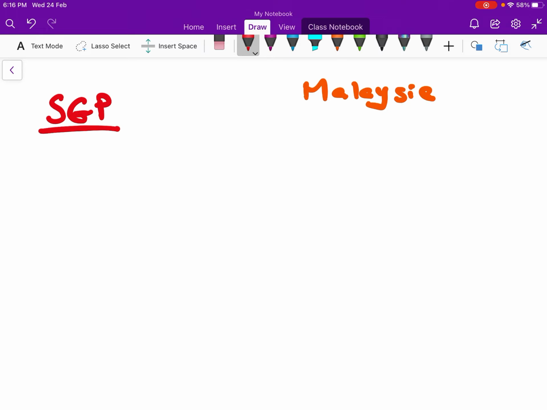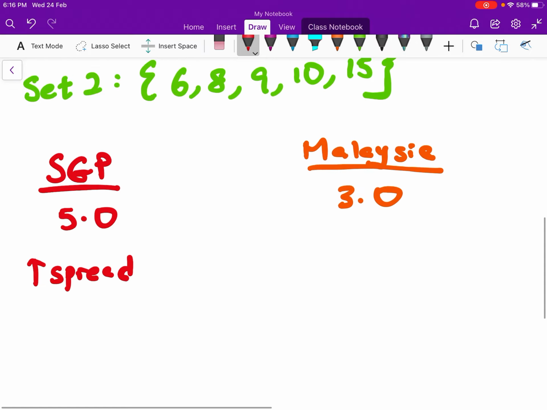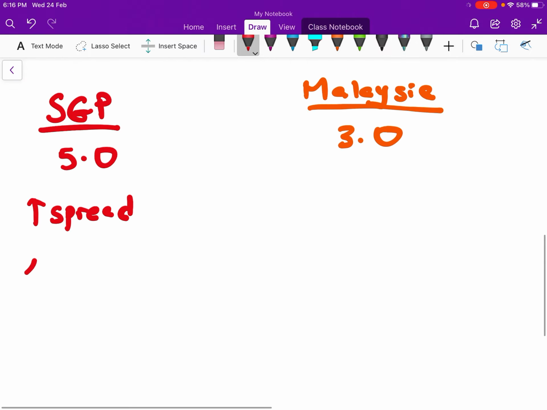Let's say Singapore has a standard deviation of 5.0, and Malaysia has a standard deviation of 3.0. So the standard deviation for Singapore is higher, so the spread is higher. Of course, the income inequality will be higher also.